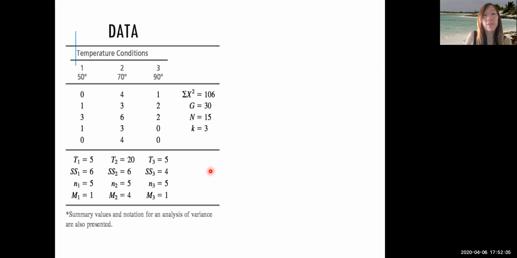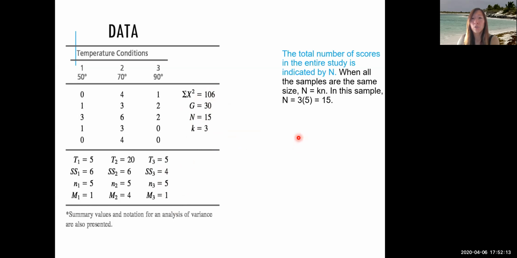Okay, so again, this chart, I want to point out a few things about these numbers and letters here, what they mean. So the total number of scores in the entire study is indicated by N. When all the samples are the same size, N equals K times the actual n of each group.